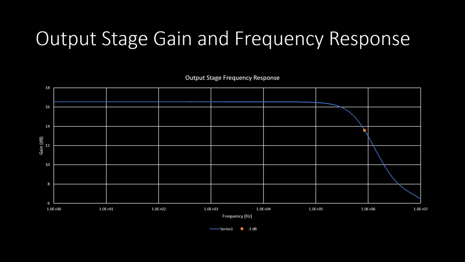This stage had slightly more gain than the second stage, and in total there was about 100 dB of gain, although this is different from what was found with the 5-volt supply. This is because a 5.5-volt supply was used in these measurements. The 3 dB point was found at around 900 kilohertz here. So the lowest 3 dB point was at about 20 hertz in the input stage.